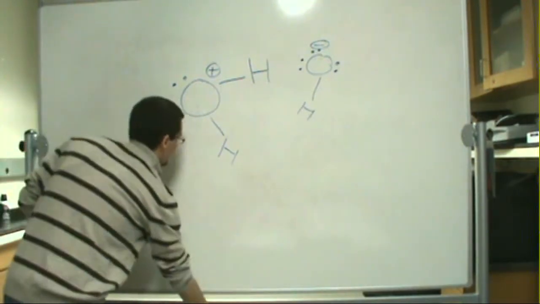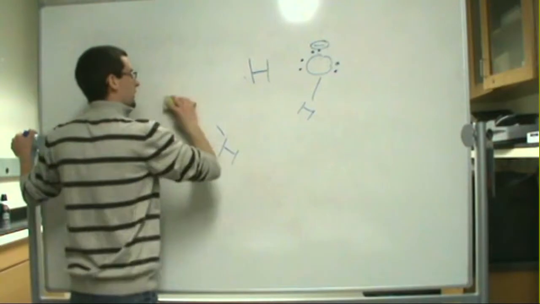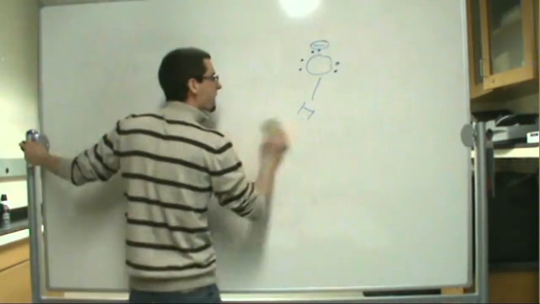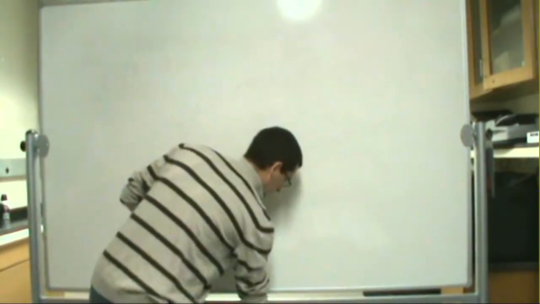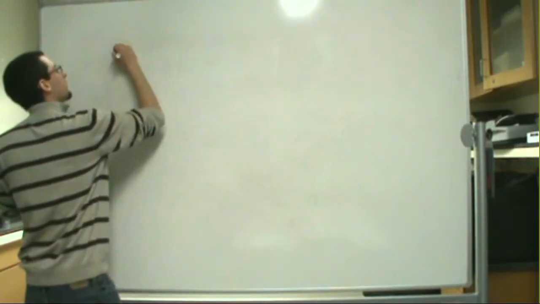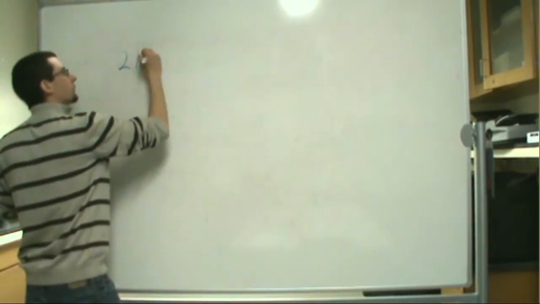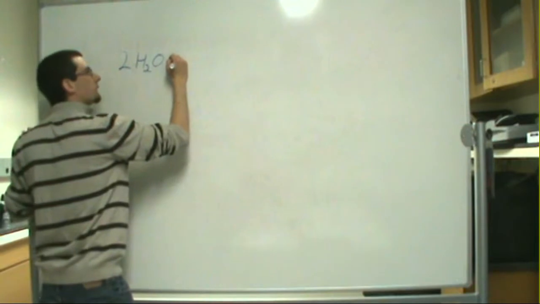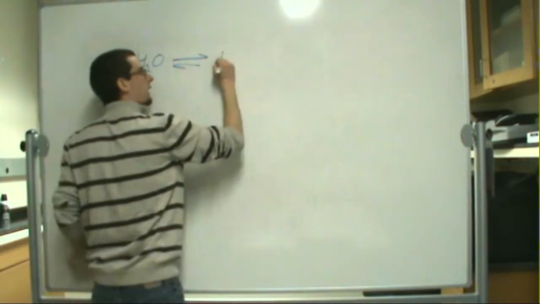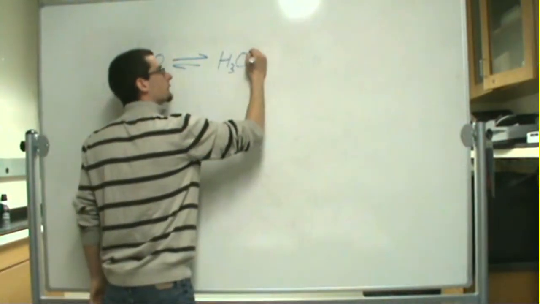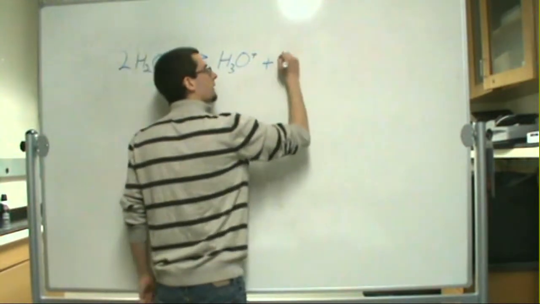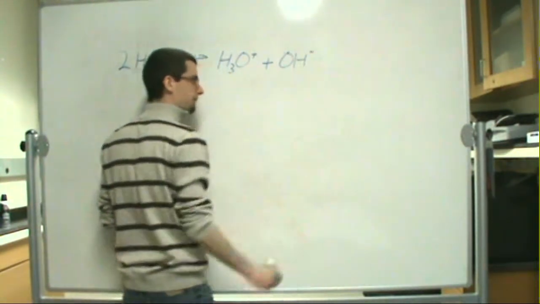Now, if we were to write out the equilibrium constant of the reaction I just erased, we have 2H2O going to a hydronium ion and a hydroxide anion.